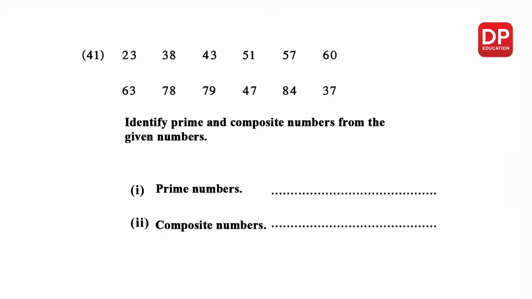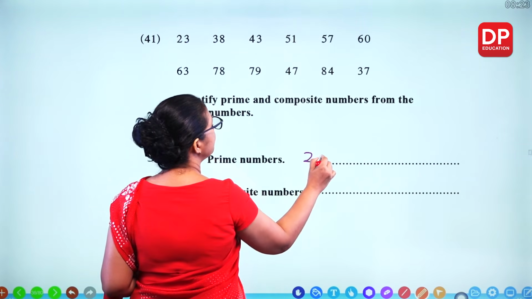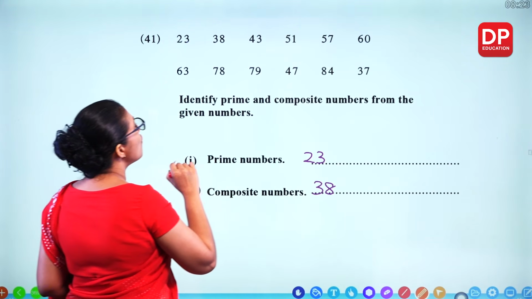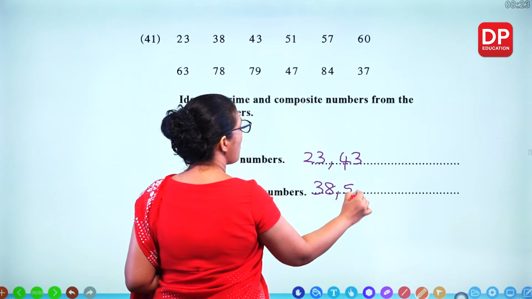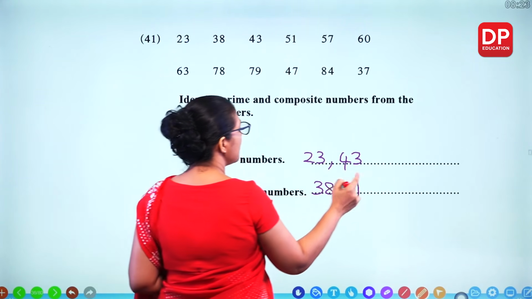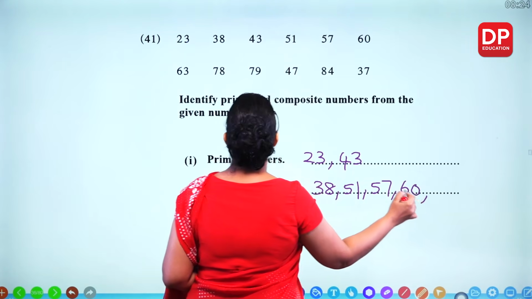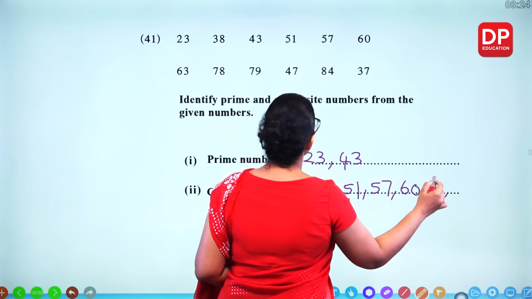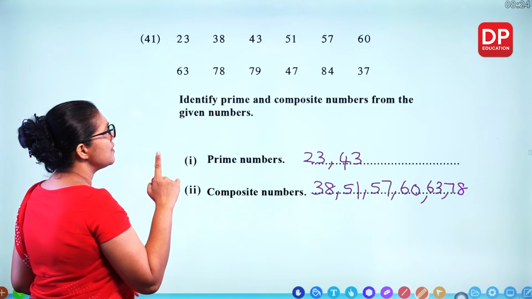Identify prime and composite numbers from the given numbers. 23 is a prime number. 38 is a composite number. You can divide by 2. 43 is a prime number. 51 is composite. 57 you can divide by 3, so that's a composite one. 60 composite. 63 you can divide by 3, it's a composite one. 78 divisible by 2. 79 can we divide by 3?